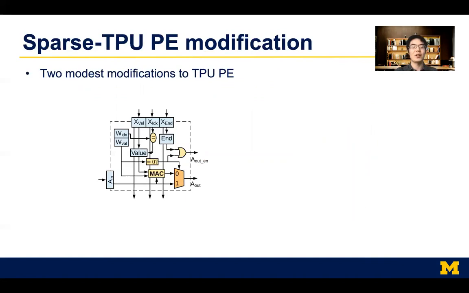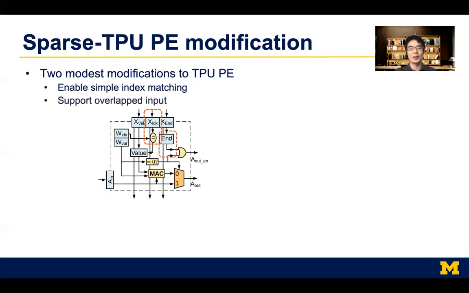And we need to make modest modifications to the PEs to support this data flow. Particularly, we made 2 modifications. The first one is, instead of using a big mux to select the input, we use simple index matching by adding a simple comparator to compare the index of the input X with the index of the stored weight.